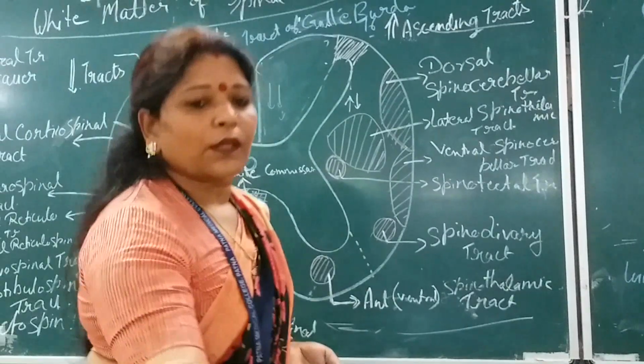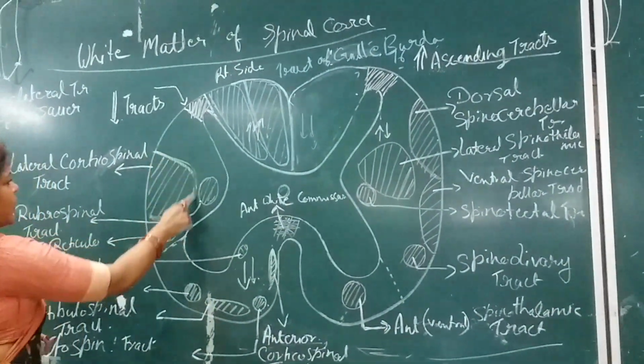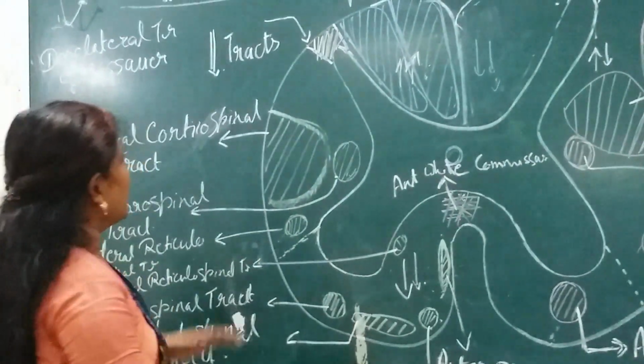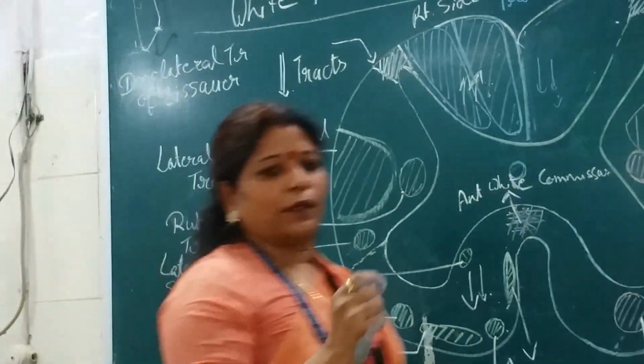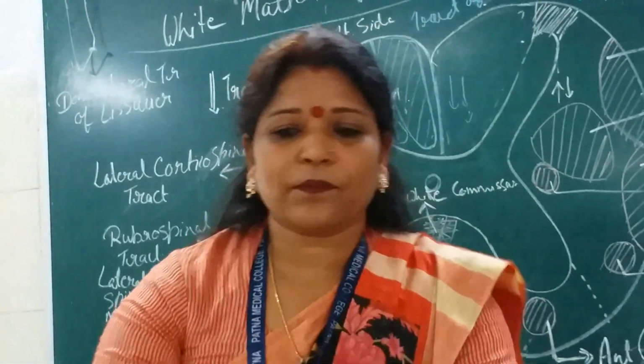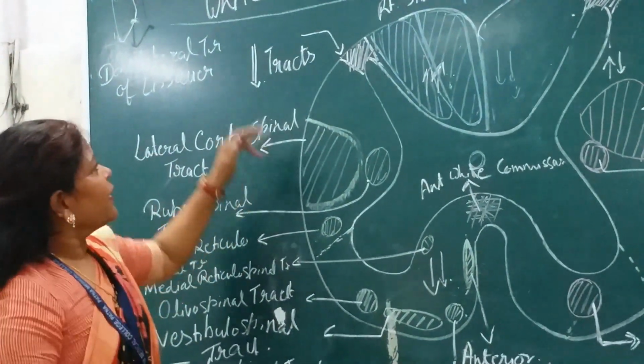Okay? So look here. Now, what is this? In the lateral funiculus of this white matter, a very, very important tract is present which is asked in the long question.